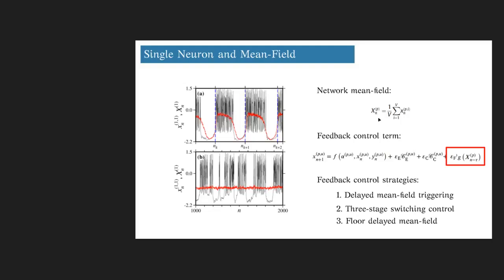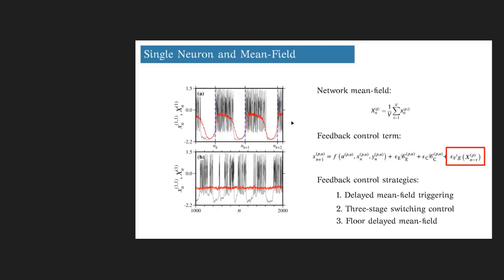In each network, when the neuronal activity is synchronized, we have the mean field accompanying the bursts of each single neuron, but this does not occur when the activity is not synchronized. In panel A, we have the synchronized sample, and in panel B, a non-synchronized sample. Of course, I represent just the activity of one neuron in both, but the red line is the mean field.